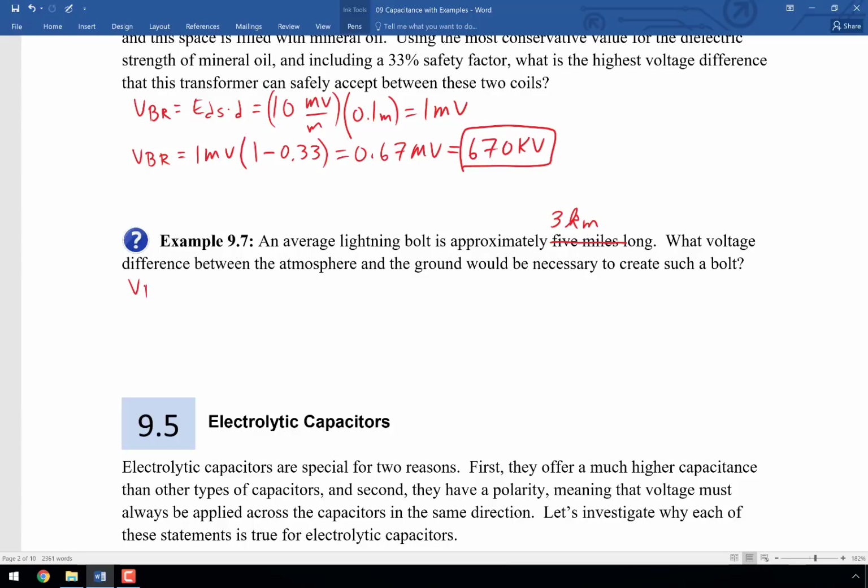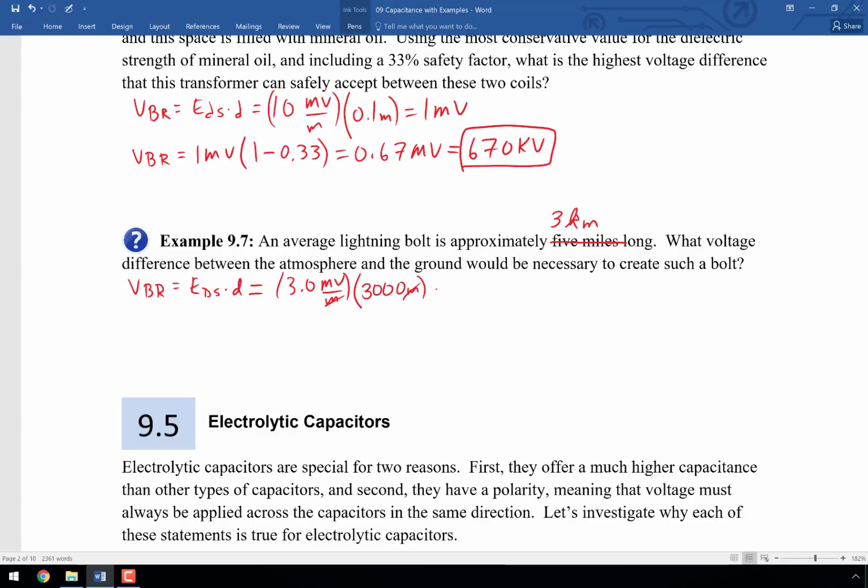So V_BR is going to be equal to E_DS times D. And now we're faced with a question of what do we use for the dielectric strength? Well, it's air, so we're going to go ahead and tentatively use 3.0 megavolts per meter multiplied by D, which is 3,000 meters, 3 kilometers.